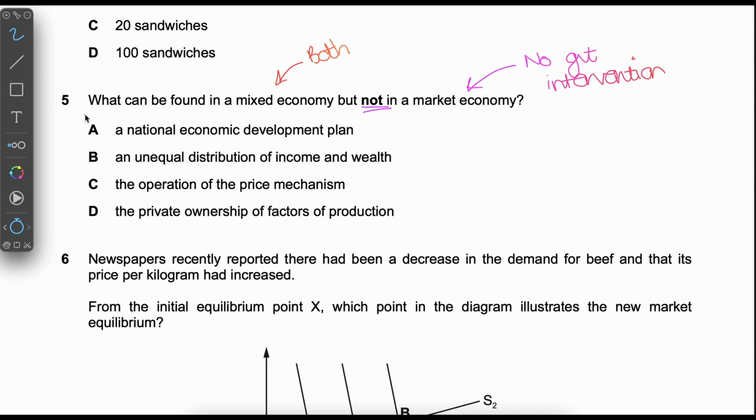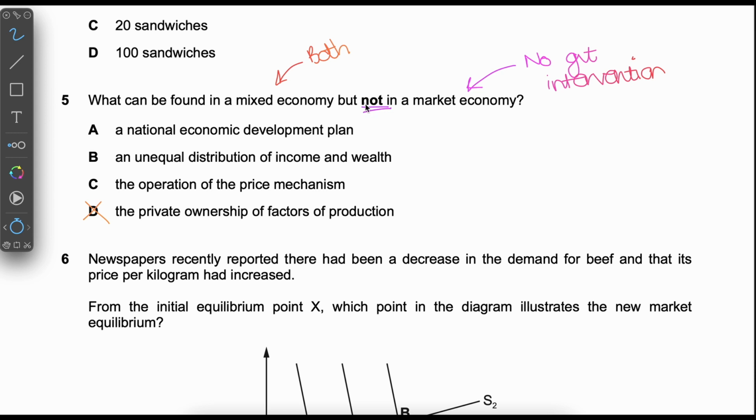Okay, so a national economic development plan, an unequal distribution of income and wealth, the operation of the price mechanism, private ownership of factors of production. Already we should be able to eliminate D, the private ownership of factors of production.